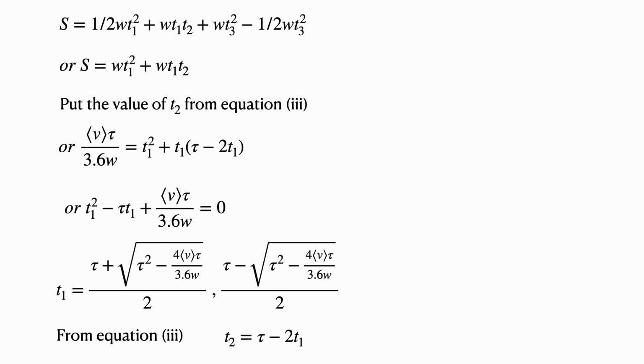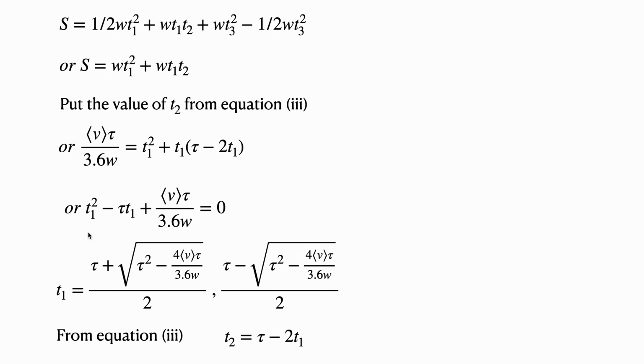So we get the equation v average tau divided by 3.6 w equals t1 square plus t1 multiplied by tau minus 2 t1. On simplification, we get t1 square minus tau t1 plus v average tau divided by 3.6 w equals 0. This is a quadratic equation in the variable t1.